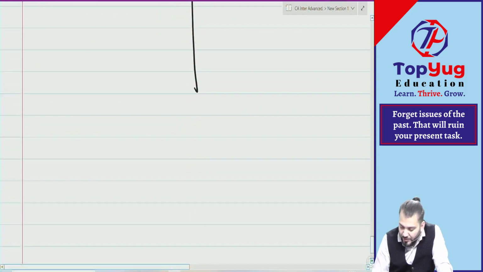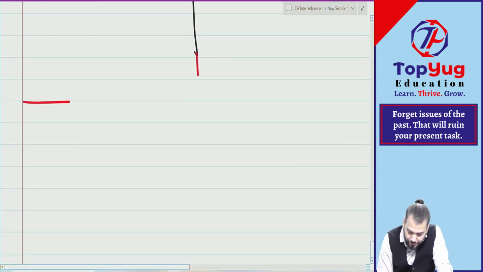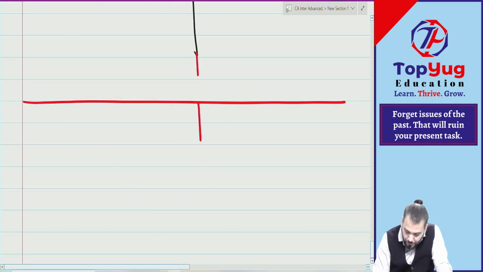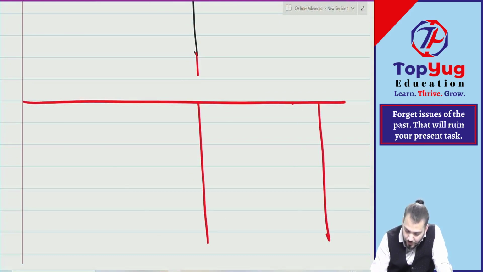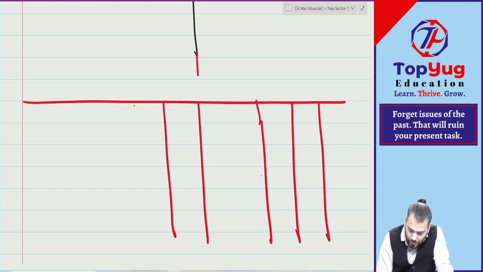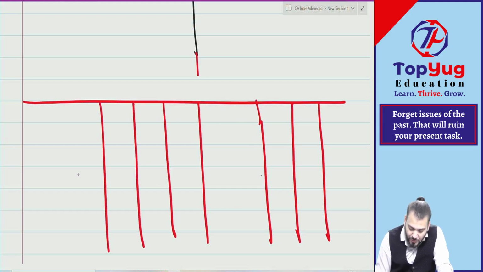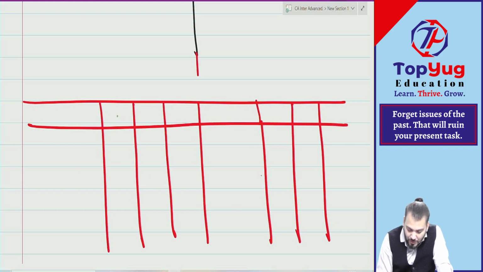Then there is one advance that will be transferred to which account? Partners' capital account. How many partners? I asked how many, you are saying names. X, Y and Z. Correct.